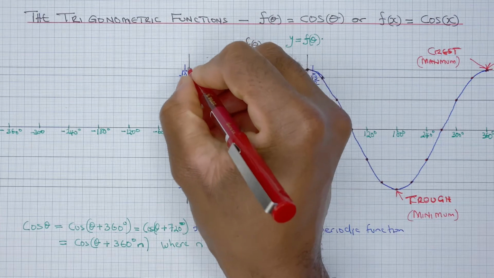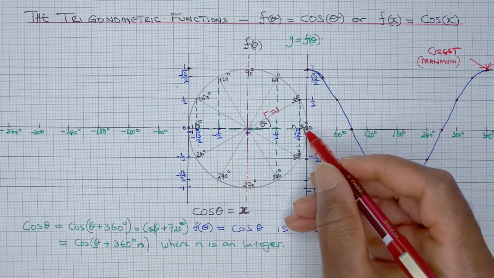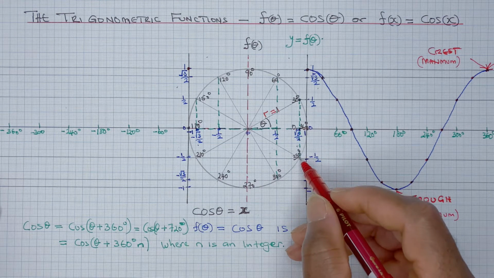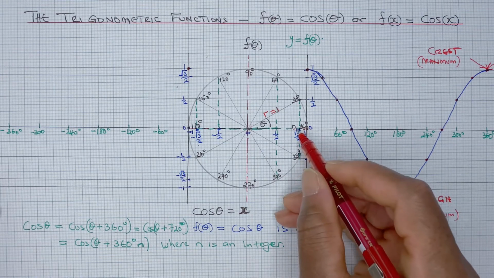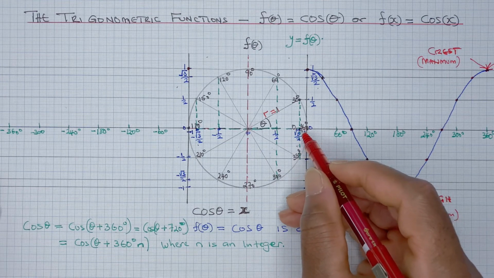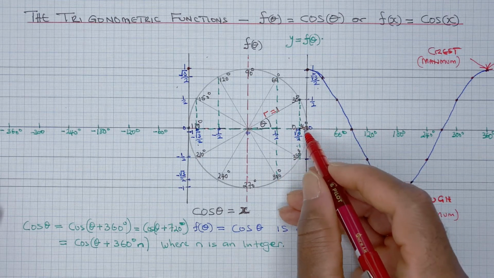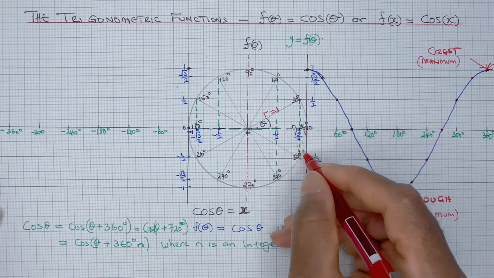Now I'm going to go for minus 30 degrees. Minus 30 degrees is this, 330. So I'm going back this way, from 0 degrees to minus 30, because if you trace it down, that's minus 30 degrees.